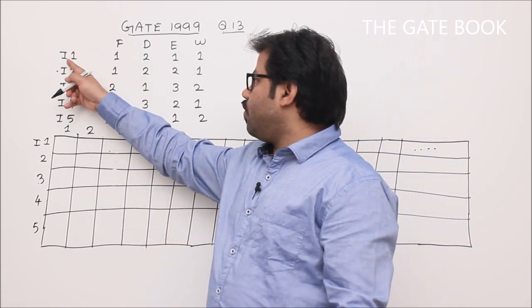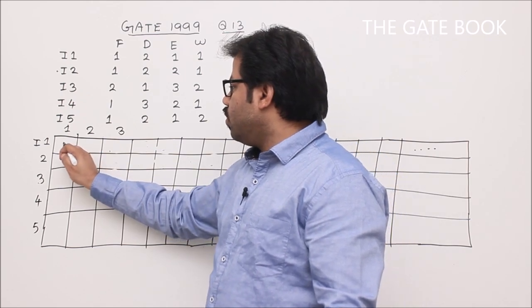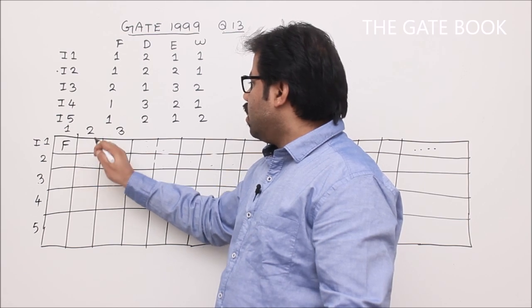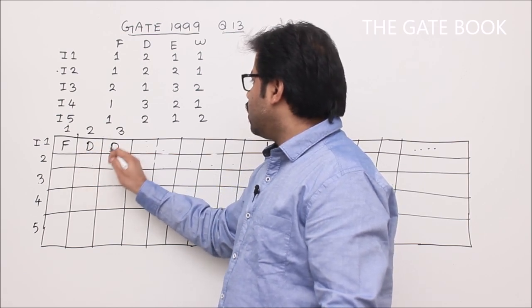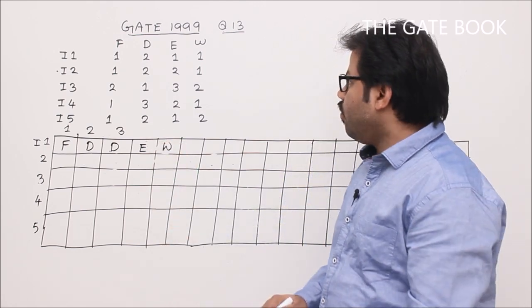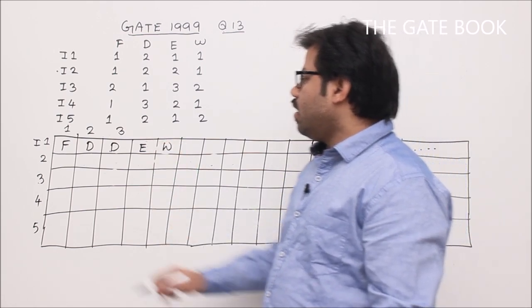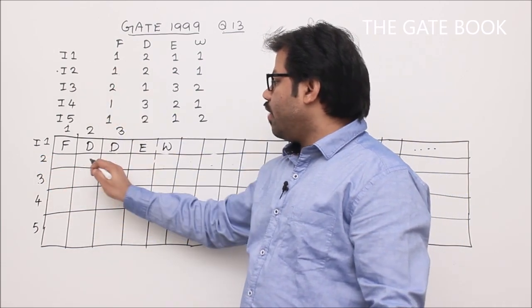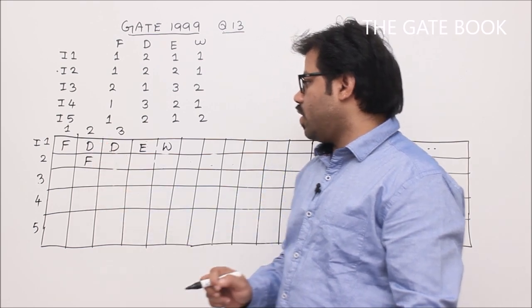First of all, let us schedule I1. I1 will be scheduled here for fetching, decoded for 2 clock cycles, executed for 1 clock cycle, and write back for 1 clock cycle. Then the second instruction comes. Where should it be fetched? Definitely here, because we have a choice.